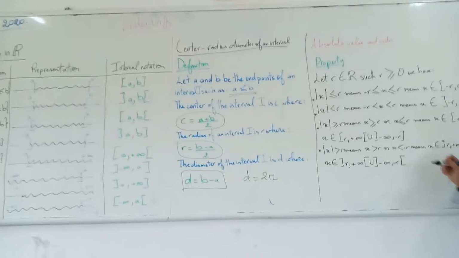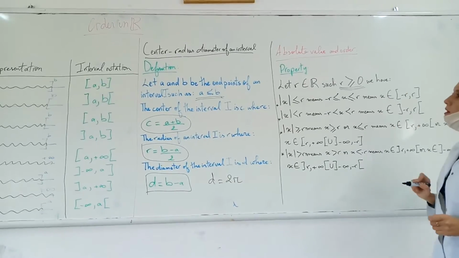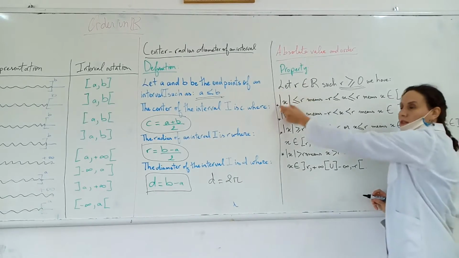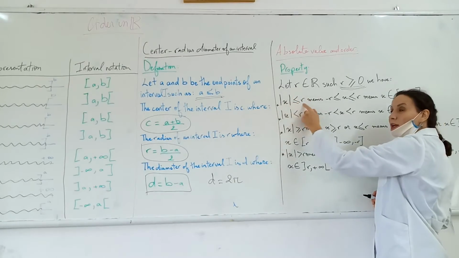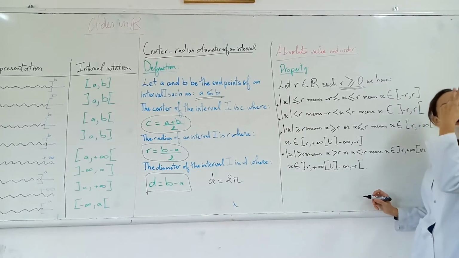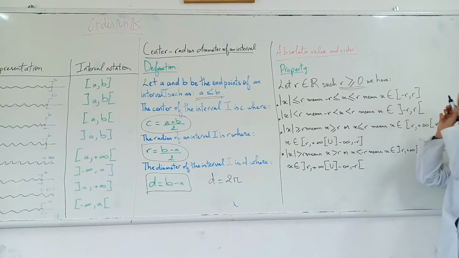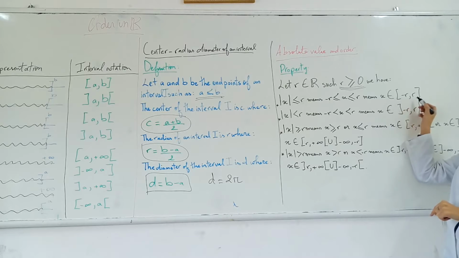Absolute value and order. If we have R belongs to R such that R is always a positive number, if absolute value of X less or equal R, it means X is between minus R and R. So X belongs to the closed interval [minus R, R]. Why do you have the closed interval?